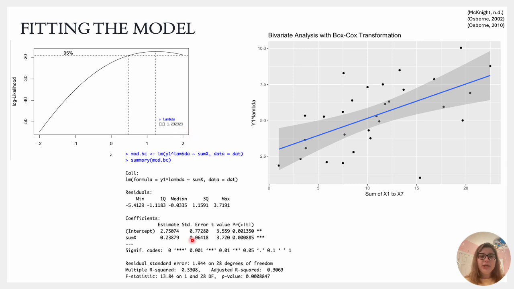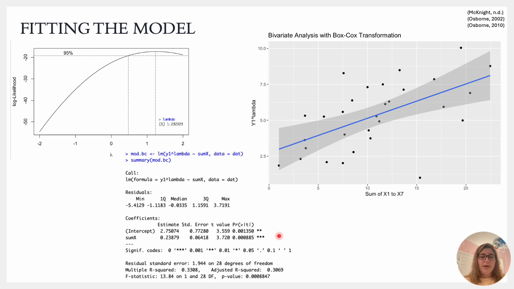So here we have the output of fitting the linear regression model. We do see that sum x and the intercept are both statistically significant. We have an R squared value of 33.8%, and that's telling us that 0.08% of the variation in the transformed dependent variable is explained by that sum x.